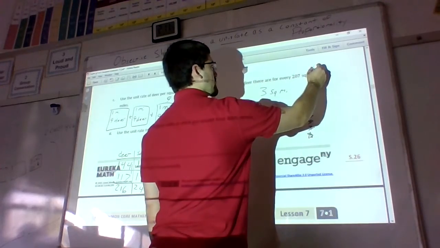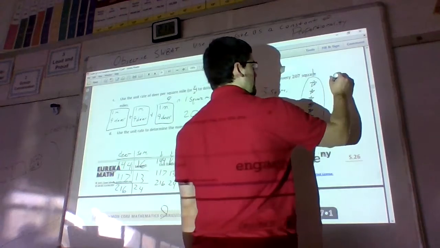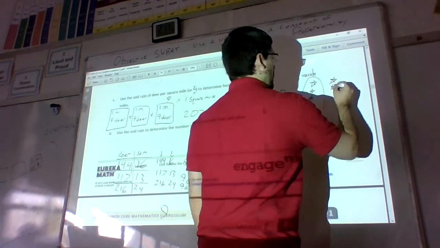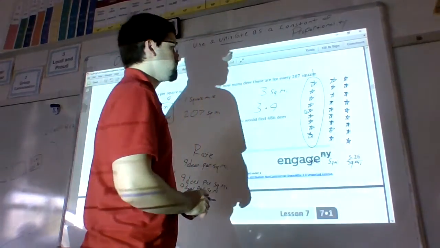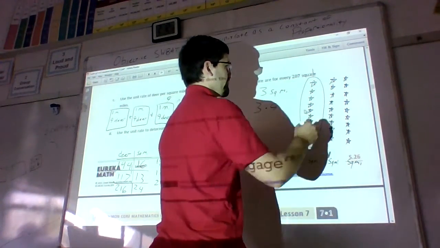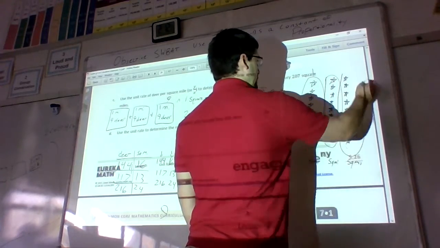This is one group of 9 stars. I'm just going to pause while I fill in the rest of this for the example. All right, so this is one group of 9, 2 groups of 9, 3 groups of 9.